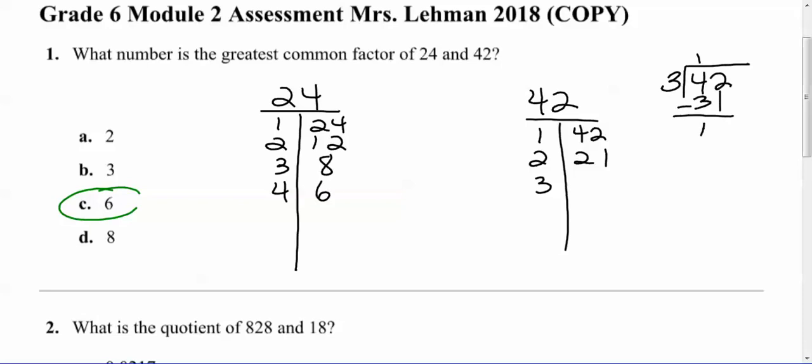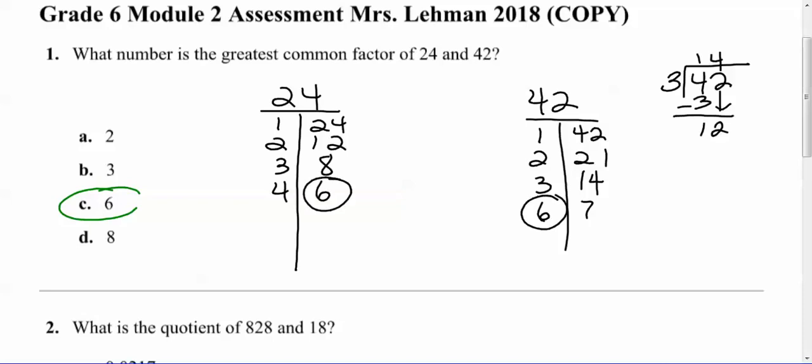You're going to go ahead and do that division, and you're going to find out that 3 times 14 is 42. 4 does not go into it. 5 does not go into it. 6 times 7 does. So that is the complete list of factors of 42. So you're going to look for the biggest one that they have in common, and the biggest one that they have in common is 6.